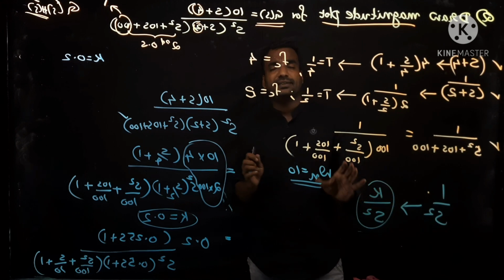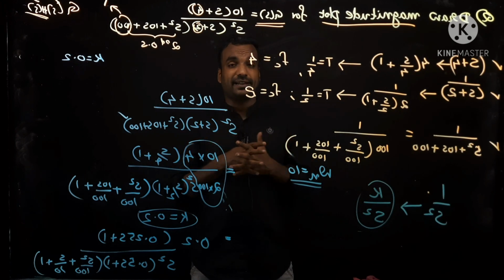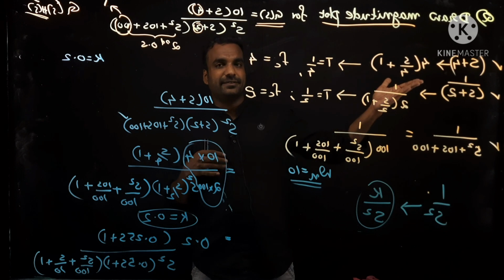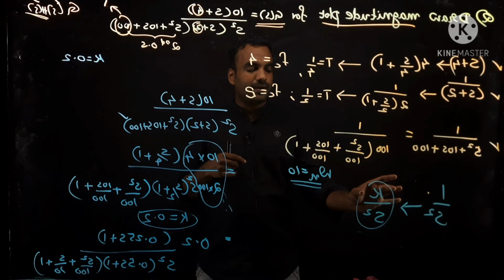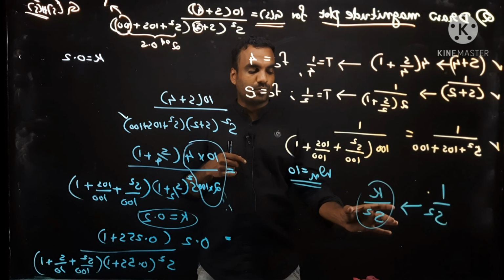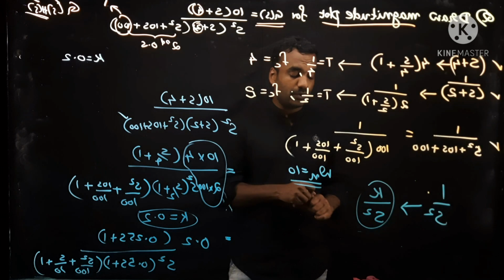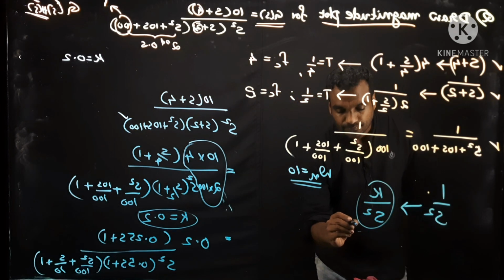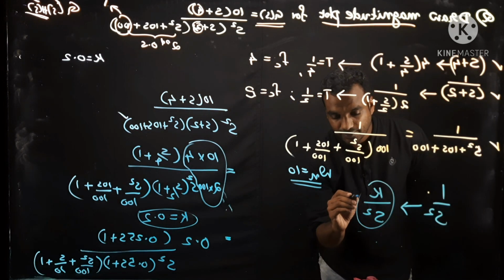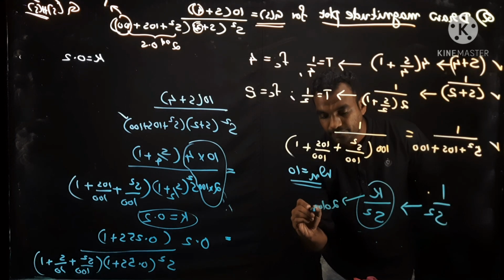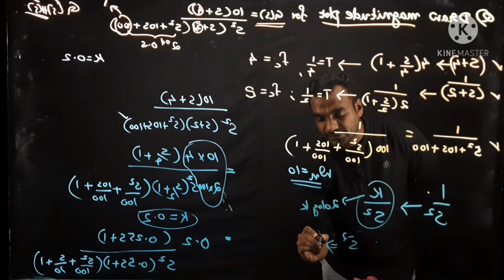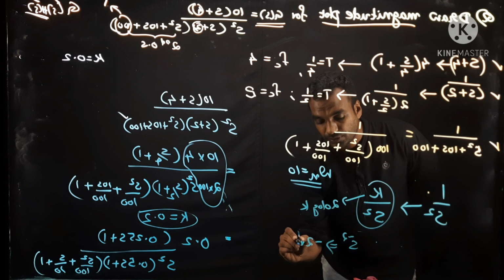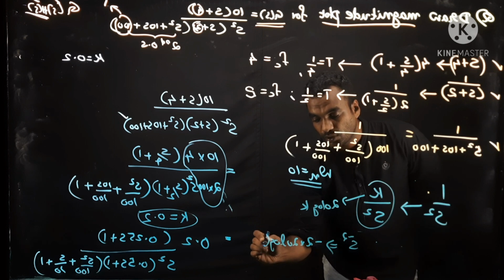If k and 1 by s square are taken separately, as we did yesterday in that table, for k you have to take 20 log k, and for s square we write s raised to minus 2, so its gain will be minus 2 into 20 log omega.